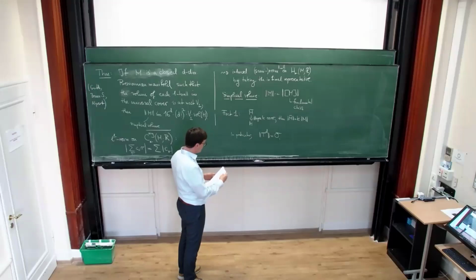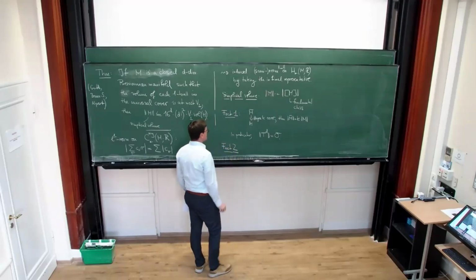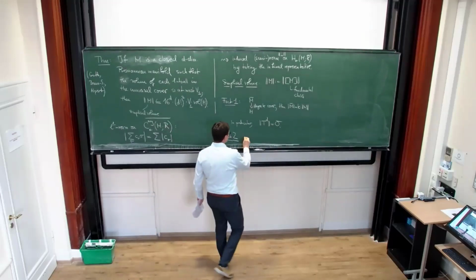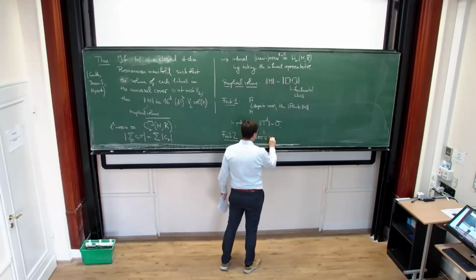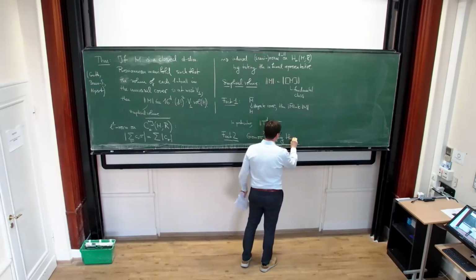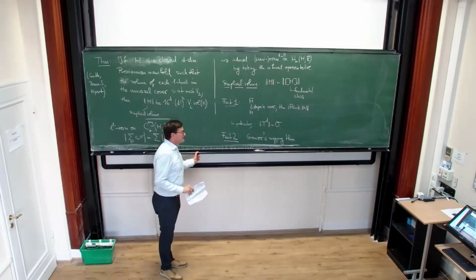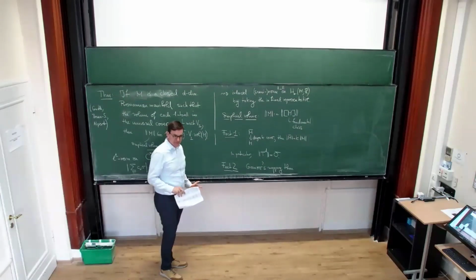The second fact, which is not as easy as this one, and not obvious at all, is Gromov's mapping theorem. And this says that, I mean, it doesn't say it literally, but it somehow says this is all about the fundamental group in some sense.